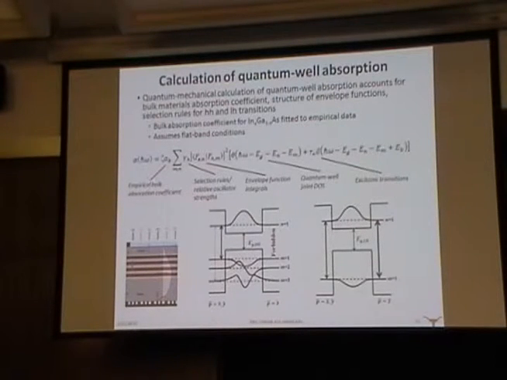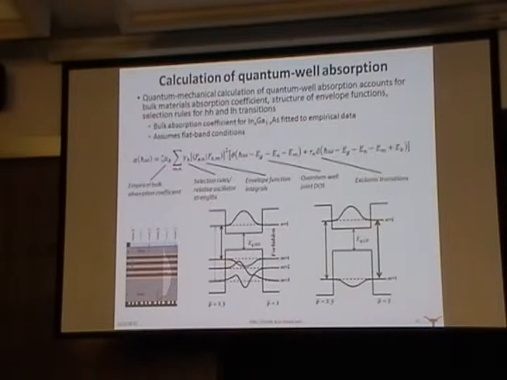And again, I'll just say what each of these terms corresponds to. There's a term over, this is the absorption coefficient, right? There's a term in this that corresponds to basically the momentum matrix element, the optical transition element between the conduction band and valence band states. Right? That's essentially a bulk semiconductor property. You have a term over here that embodies these selection rules and the relative oscillator strengths and so forth.